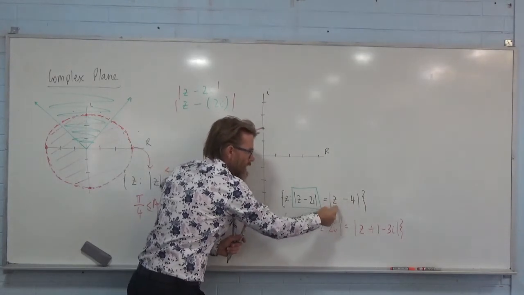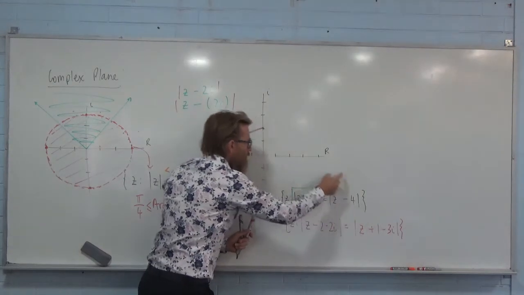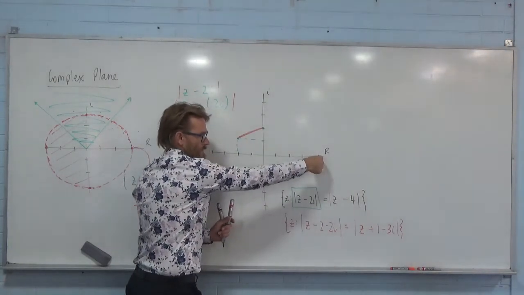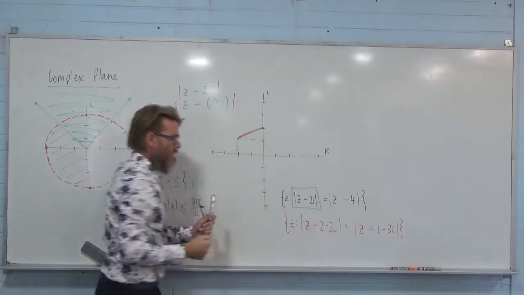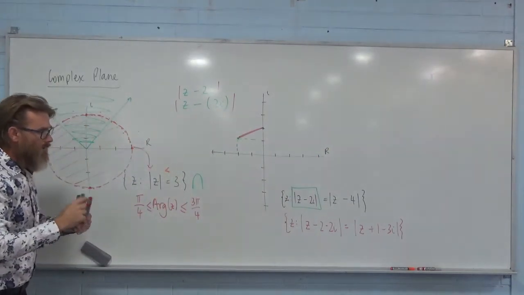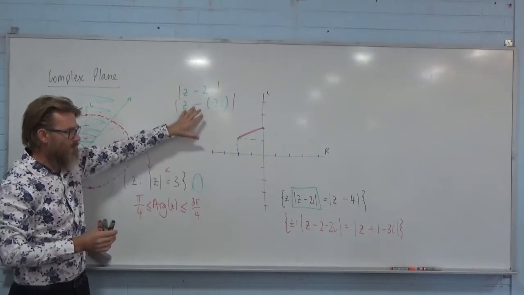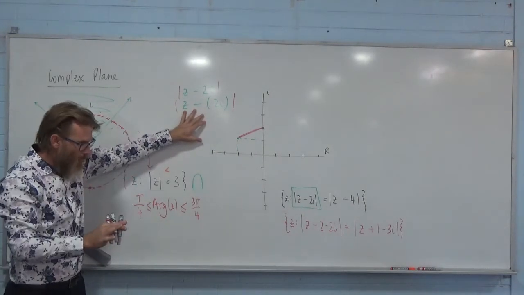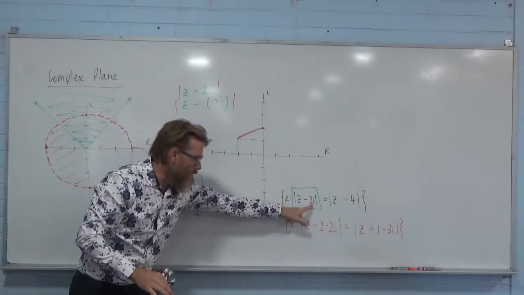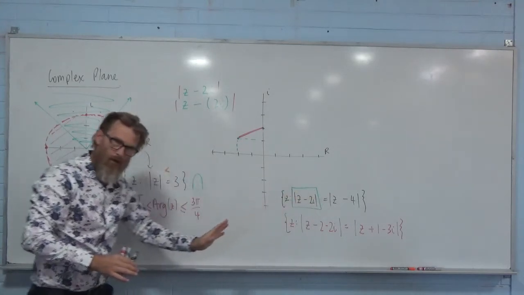This would be z minus minus 4. That would be there, because it's on the real axis. So that idea of the distance between, or the difference between, because it's magnitude, a random point and this point is really important when we start graphing this.